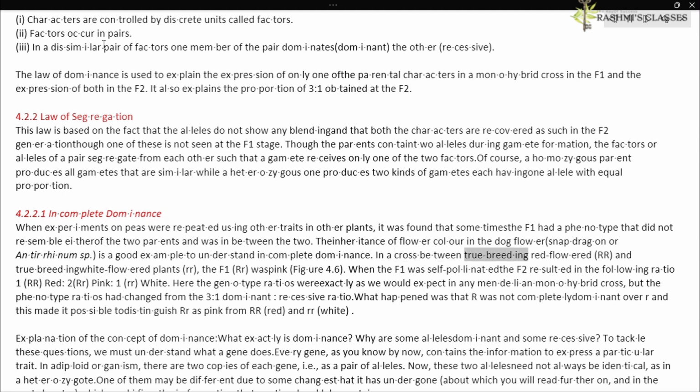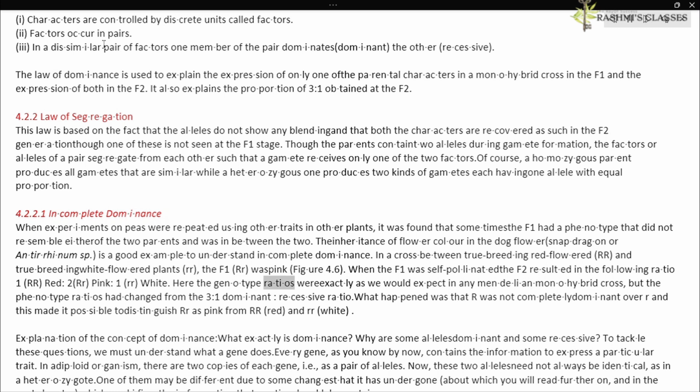In a cross between true-breeding red-flowered, RR, and true-breeding white-flowered plants, rr, the F1, Rr, was pink, figure 4.6. When the F1 was self-pollinated, F2 resulted in the following ratio: 1 RR red, 2 Rr pink, 1 rr white.